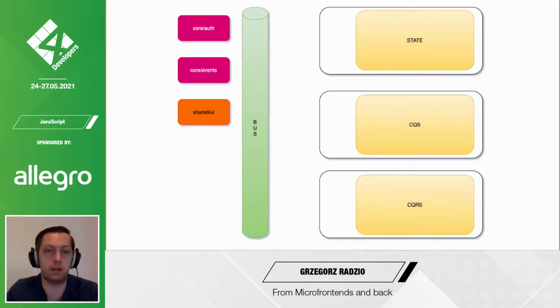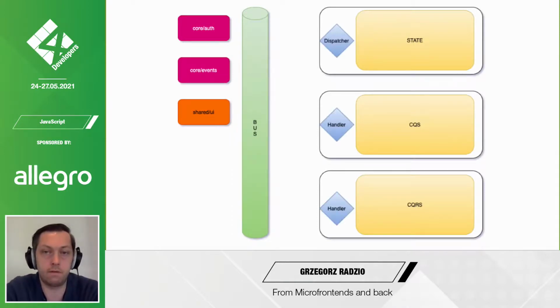So let's talk about the next component, which is the bus. The bus is the application event bus, which is just a means of communication. It can receive events and then send them further. Each module can have one of two different classes that it can use.